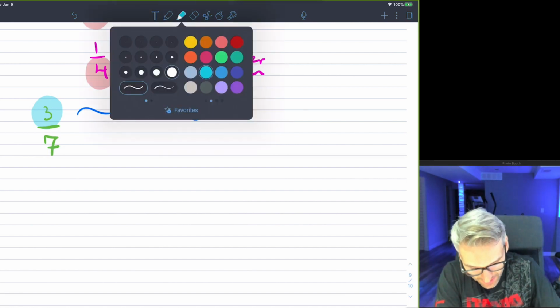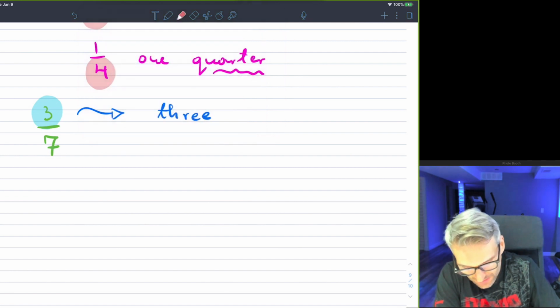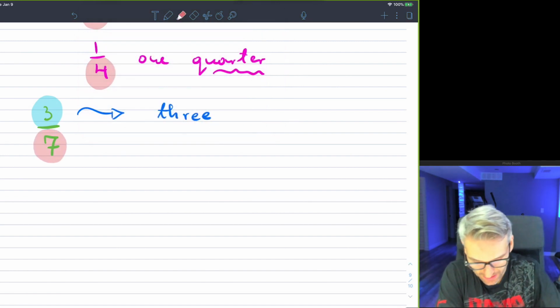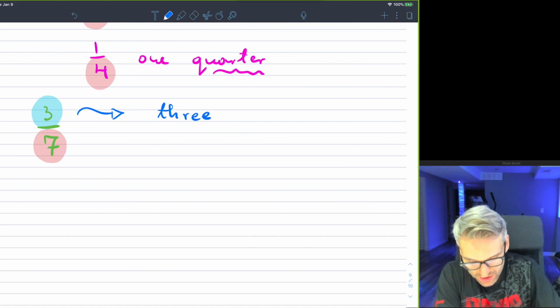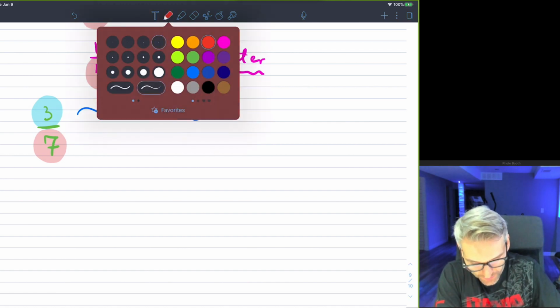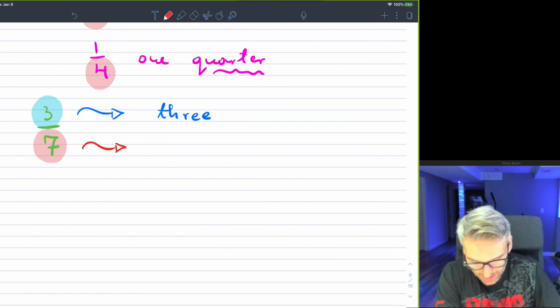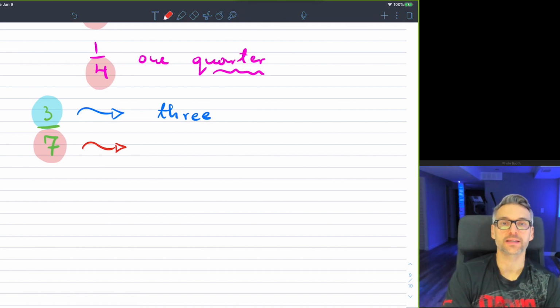Instead we take the denominator, which is the 7, and state it as an ordinal number. An ordinal number is, for instance, if you were in line waiting, and you were the first person in line, the second, third, fourth, fifth, sixth, and so on, 124th. Those are ordinal numbers.